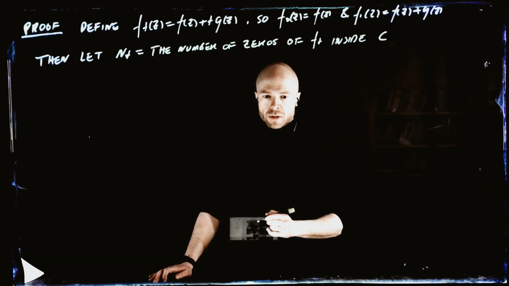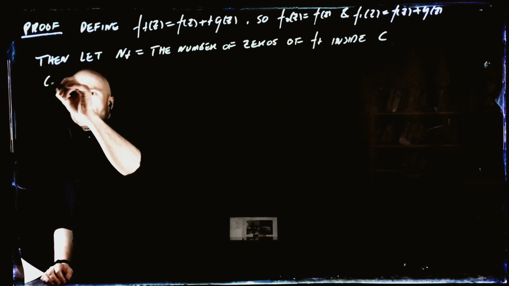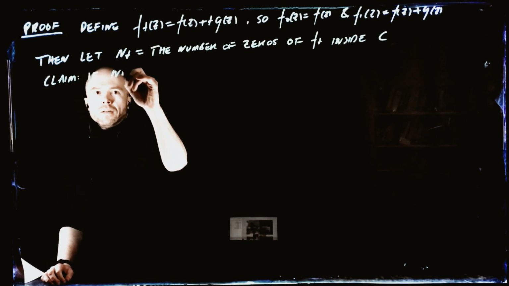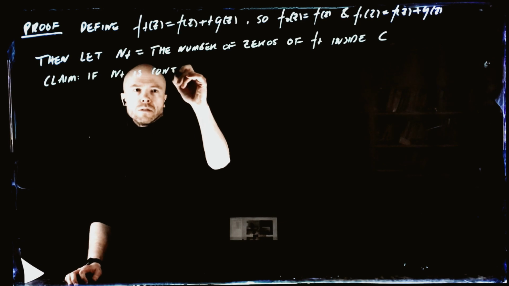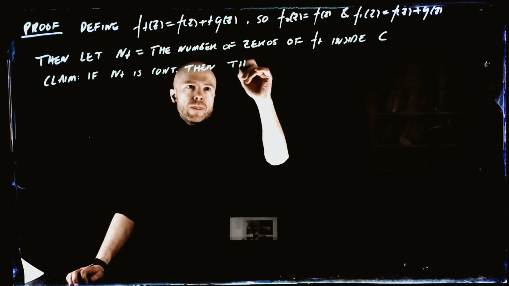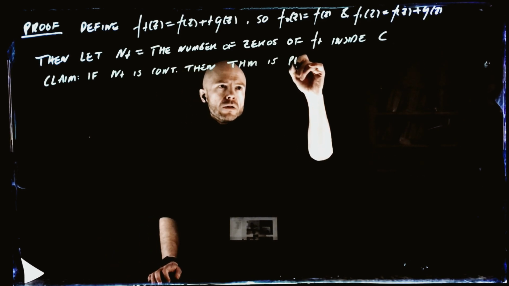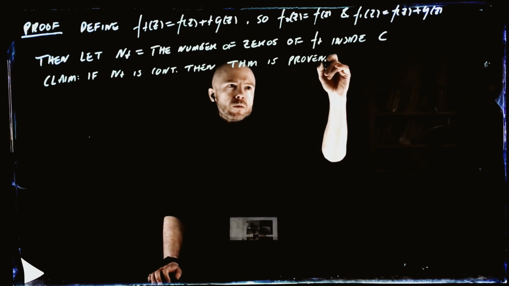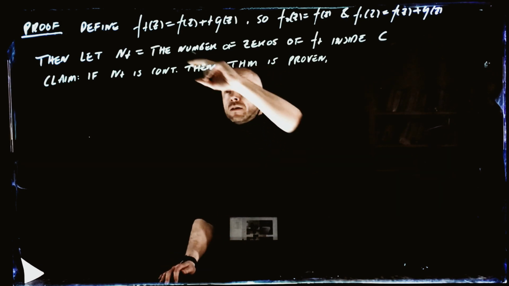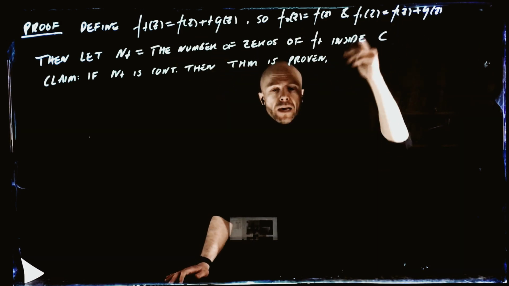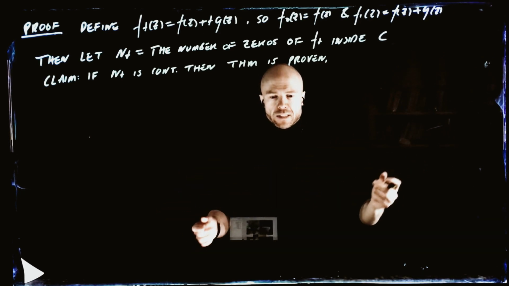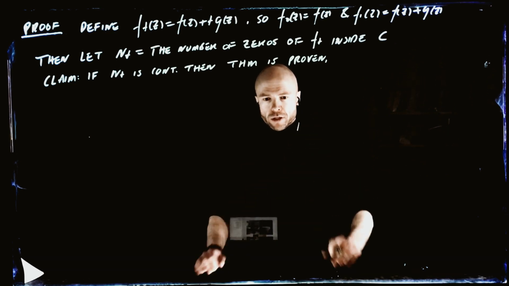Yeah? Now, claim: if n(t) is continuous, then the theorem is proved. I'll prove it. Because if it's continuous, then whatever we are at 0, we have to be at 1, right? So if we have a continuous function into the integers, then it has to be constant, because if it's not, then we have a discontinuity.